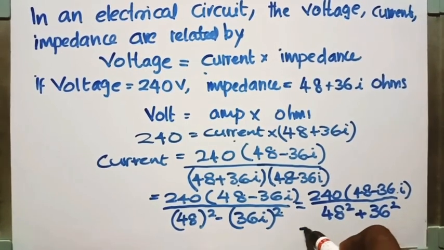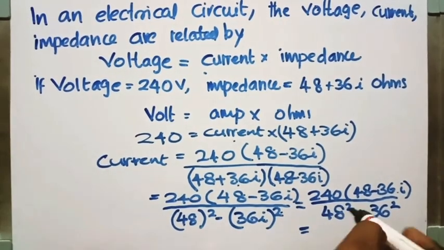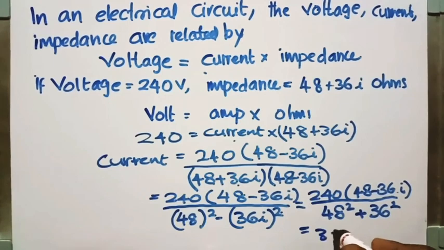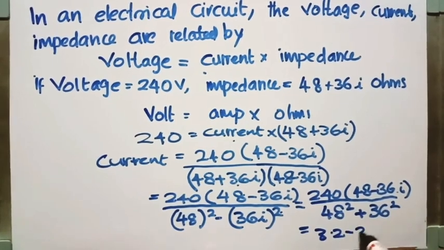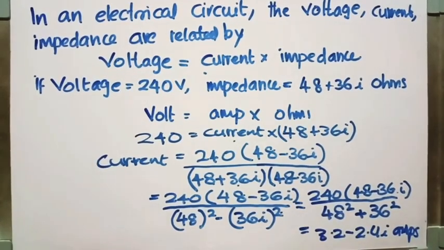Go on with the calculation and find out its answer. We get 3.2 minus 2.4i amps as the current.